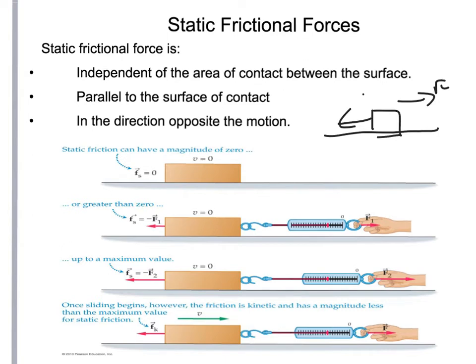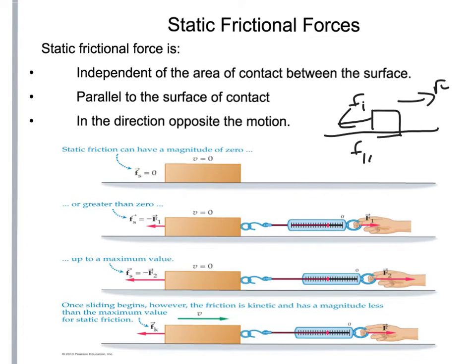Here's your F sub S. So just like F sub K, they're both parallel to the surface of contact, and they're both in the opposite direction of motion.